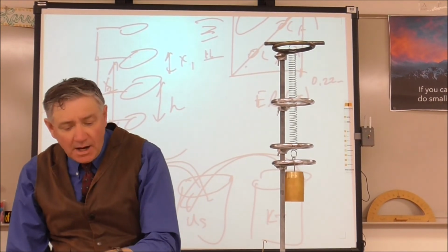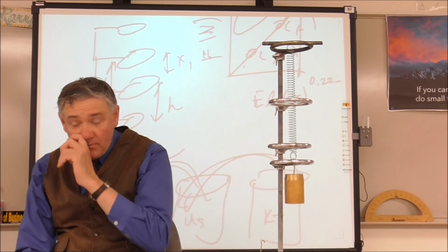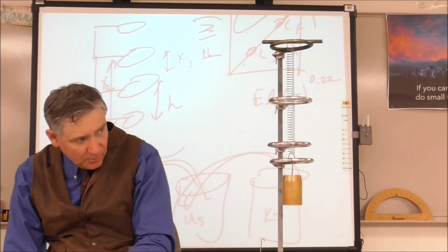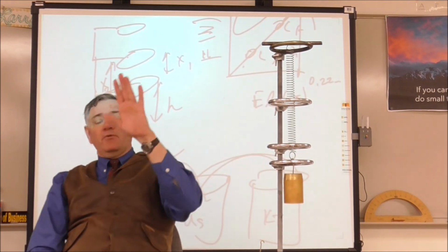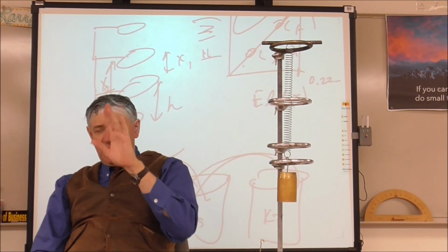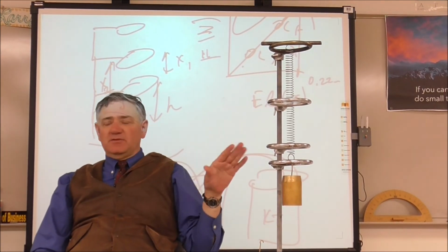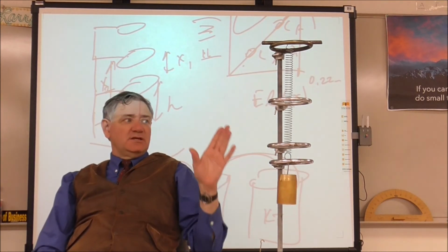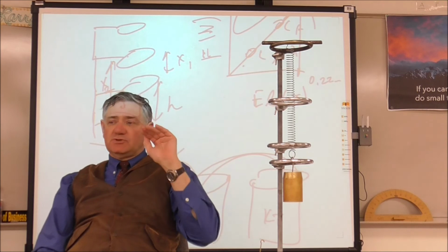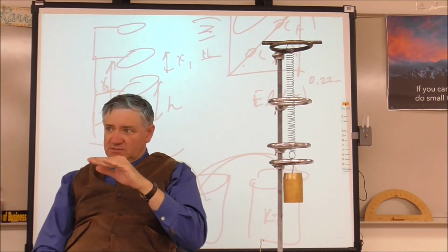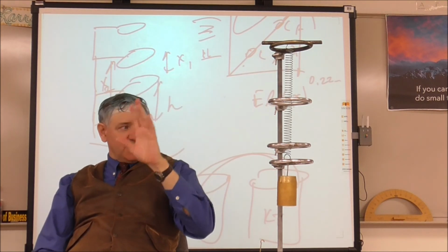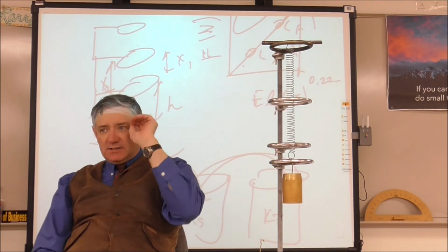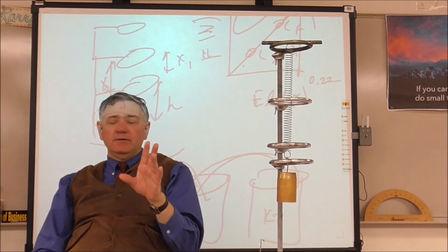Now, down below, I don't need to see all these calculations. I only want to see the calculations for trial 1. Okay? Now, when I say show me the calculations, I don't mean just write down the formula. I know what the formula is. I want to see those calculations done with your numbers, okay? I want to see 1/2 kx squared. I want to see 1/2 times your k times x1 squared, okay?